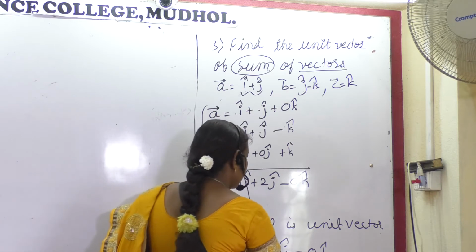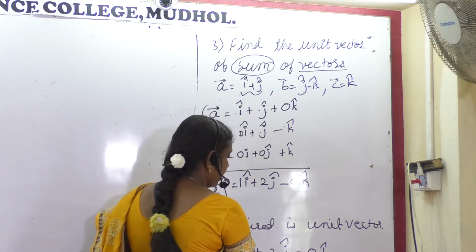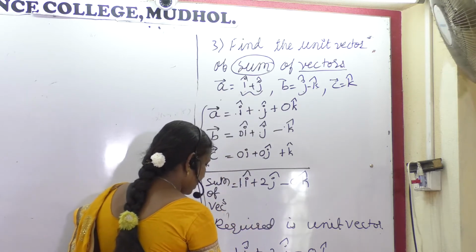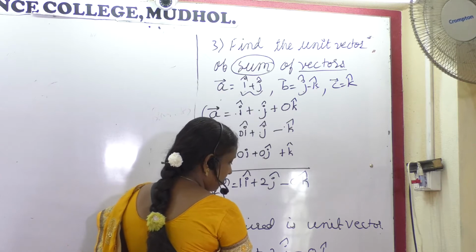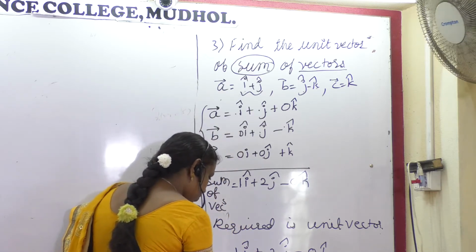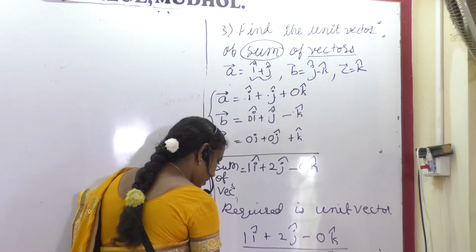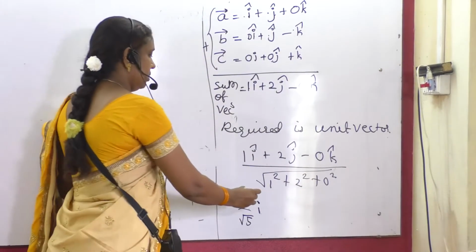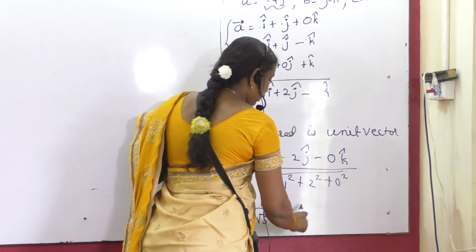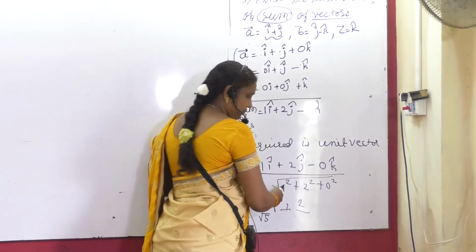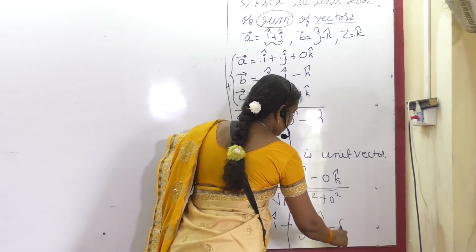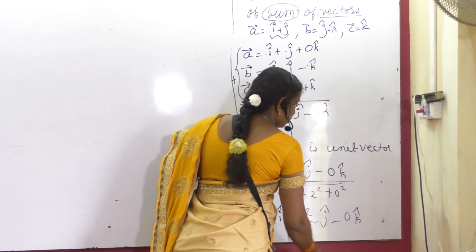divided by the magnitude of this, means length. How are you going to find the length? 1 square, 2 square, 0 square. So it will be 1i by root of 1 plus 4, that is root 5. Let me write it separately, that will be detailed and complete. 2j by root 5, next minus 0 into k, 0 by 5 is 0.